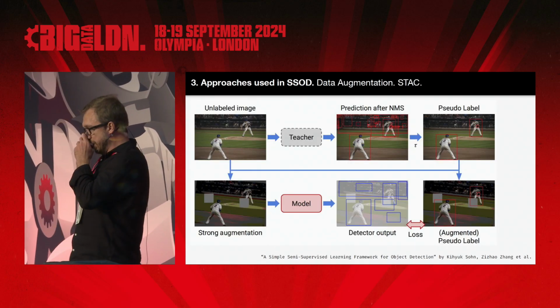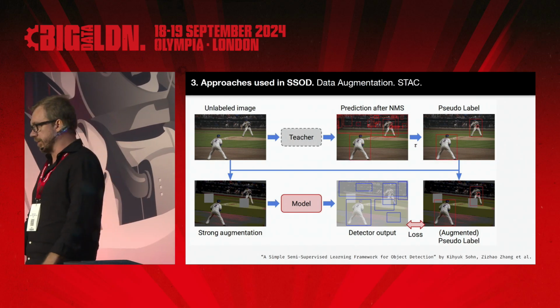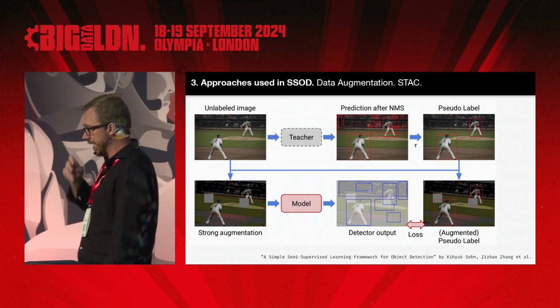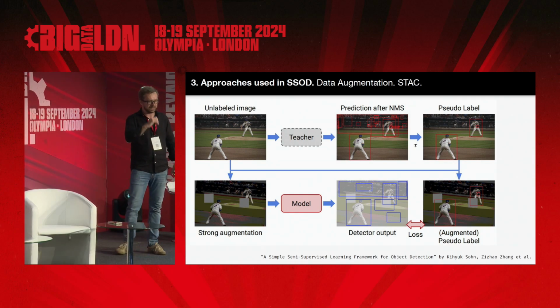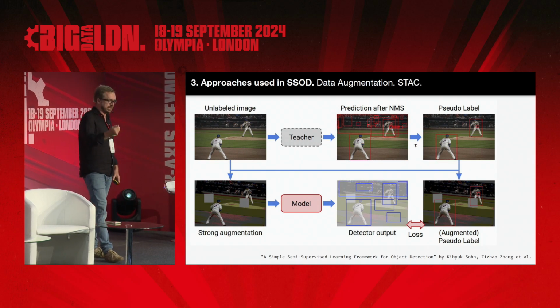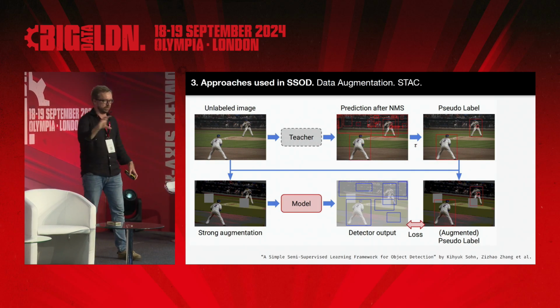I'll just give a few examples. One paper that I like, which is pretty straightforward and gave a significant result, is the STAC paper. I'll talk a bit about this paper later, but now just about augmentations.